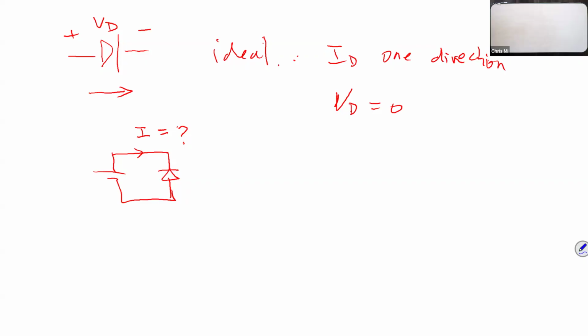So no current. The current is 0. And this is called reverse biased, okay?